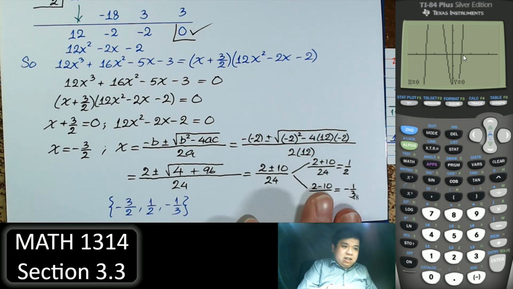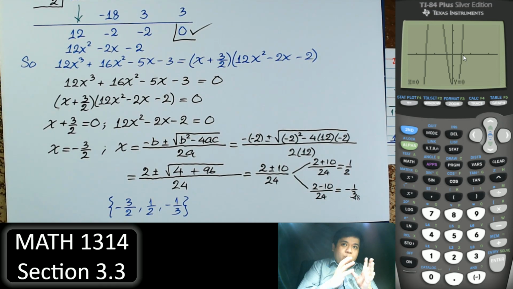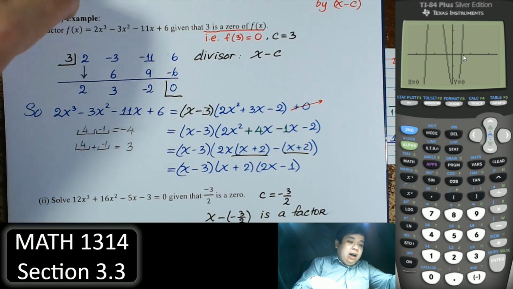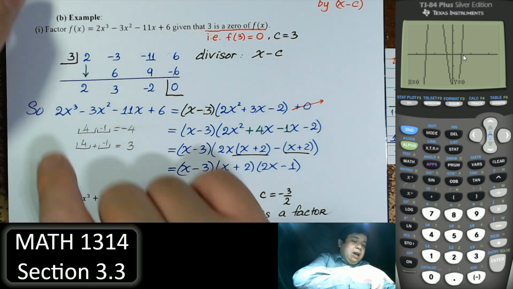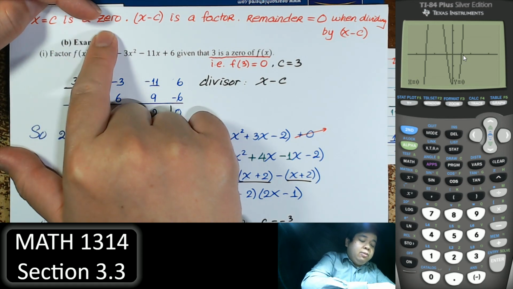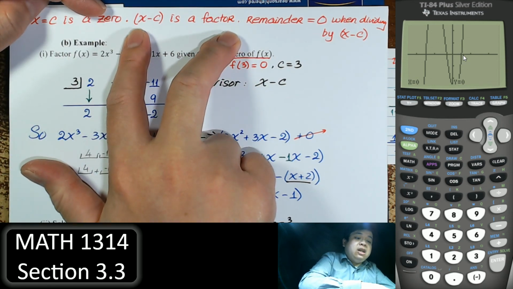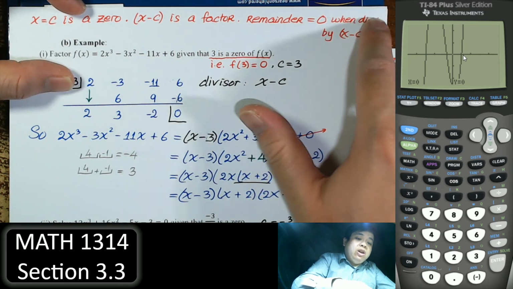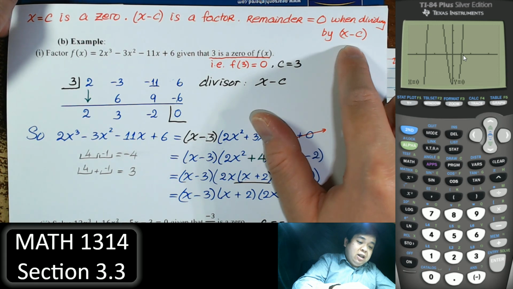But in this section, we learn mostly synthetic division, and an application of that is, if x equal to a number, let's say c, is a 0, then x minus c is a factor, and the remainder will be equal to 0 when we divide by x minus c.